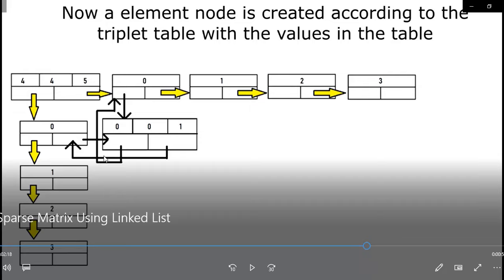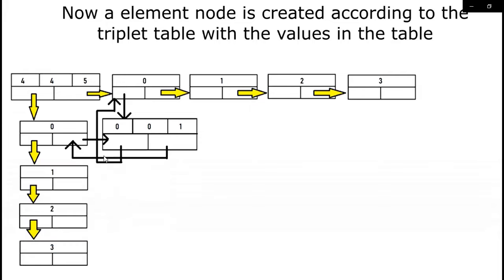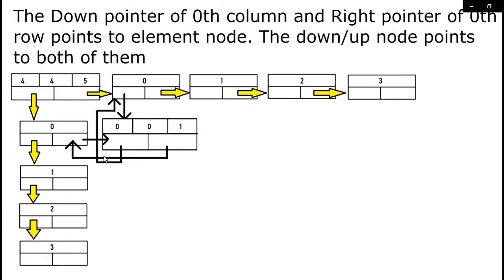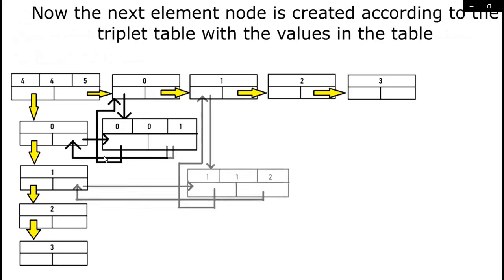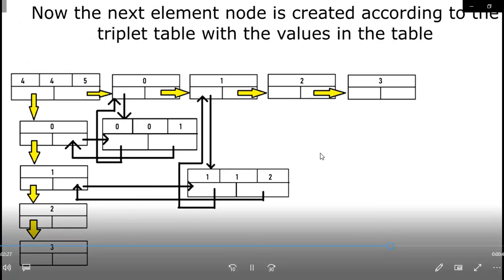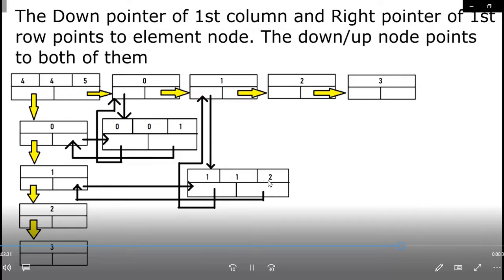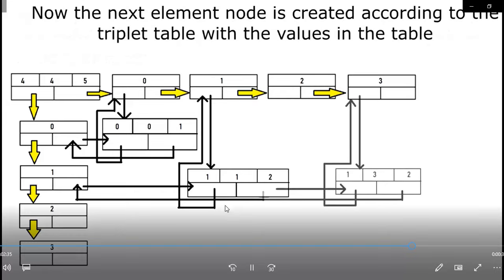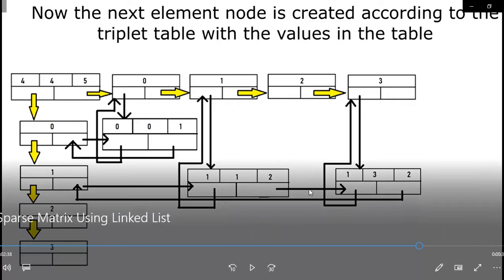Let us look at the next element. It is 2, which is at first row and first column, so I place it here and arrange the pointers. I take the next element which is at location 1 3, and the element is 2.